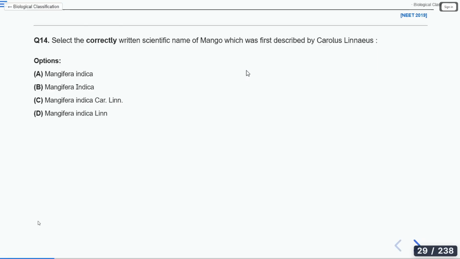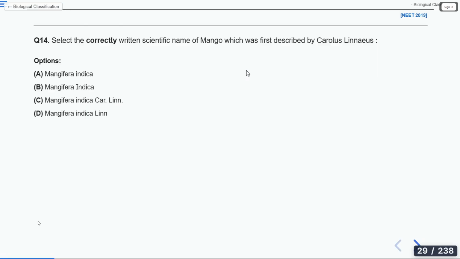So in a binomial name, should author citation be included or not? It should be included. In a binomial name, author citation should be included.